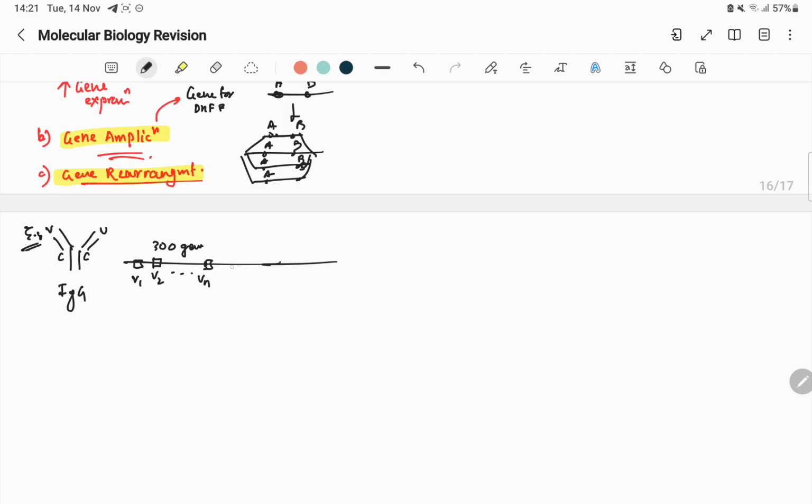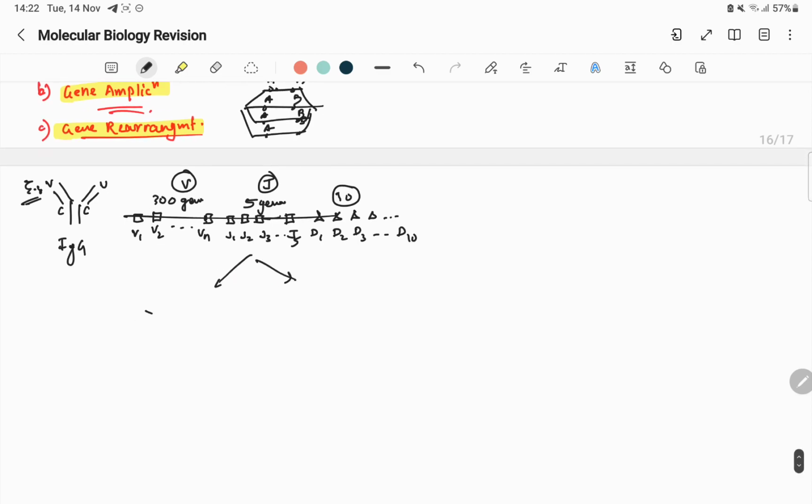Then for the J region, J1, J2, J3 up to J5, you have 5 J genes. For V genes you have 300, J genes you have 5 in number, and D genes also, D1, D2, D3 up to D10.